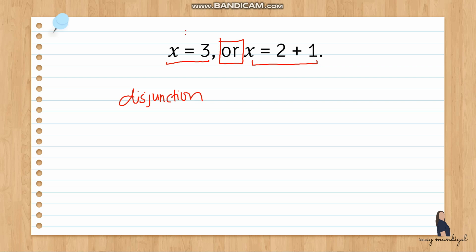So let's denote this as P, and then let's denote this as Q. Okay, so to write this into its propositional form, we have P or, so we just write a symbol like that, which is the V, and then Q. So x equals 3 or x equals 2 plus 1. So this is now the symbol or the propositional form of the given statement.